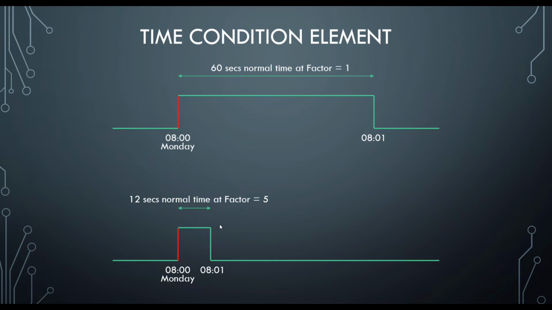But this time, at factor 5, the duration of that active pulse is now only 12 seconds. So just something to keep in mind when using the time element with a factor of greater than 1.